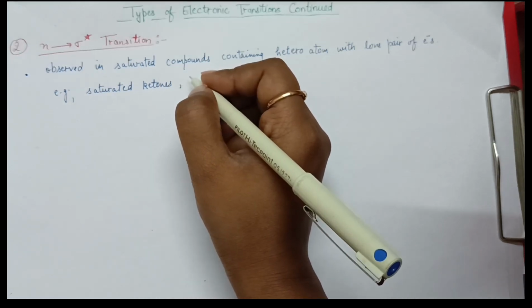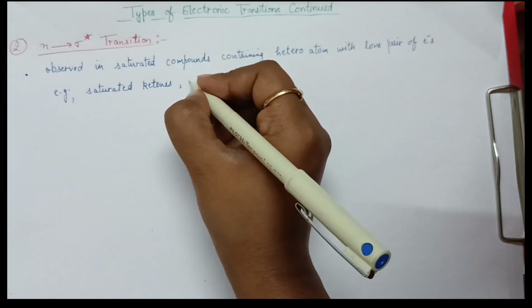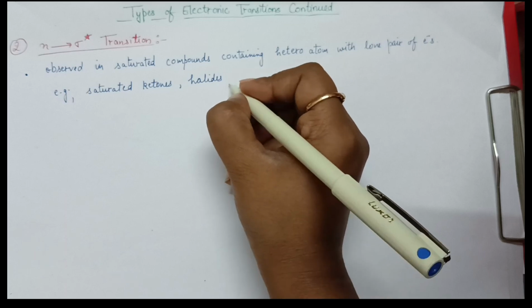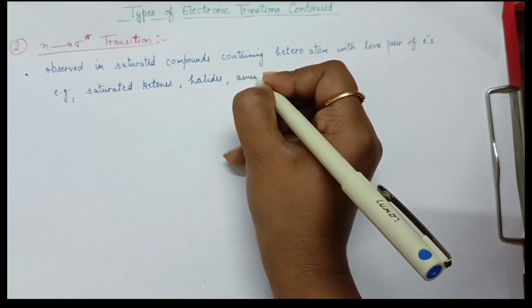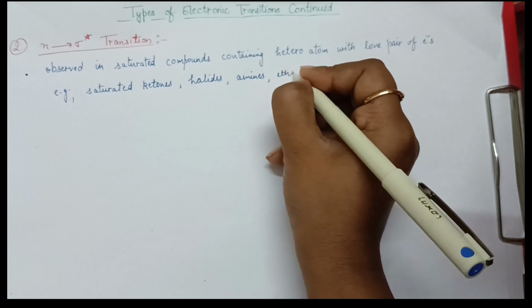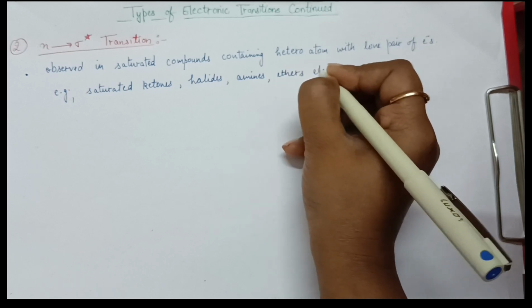Halides will be fluorine, chlorine, bromine, iodine. Amines and ethers, etc. They require very little energy as compared to the sigma to sigma star transitions.